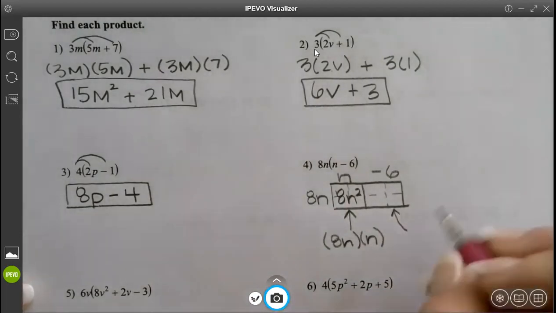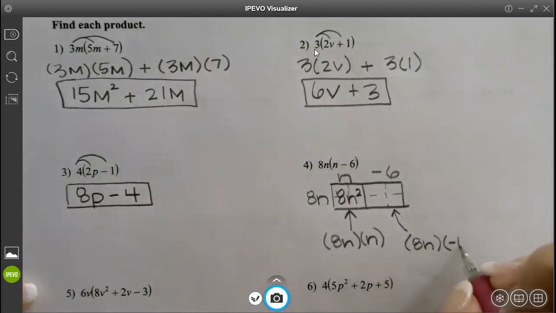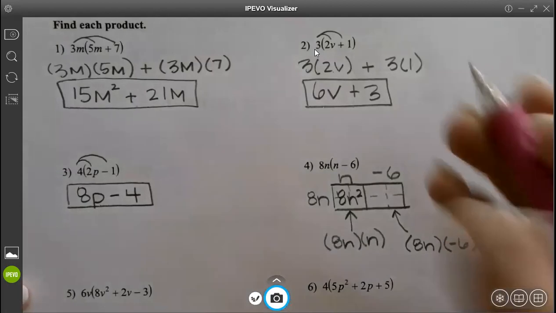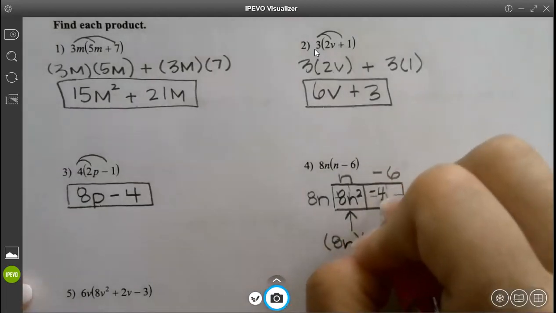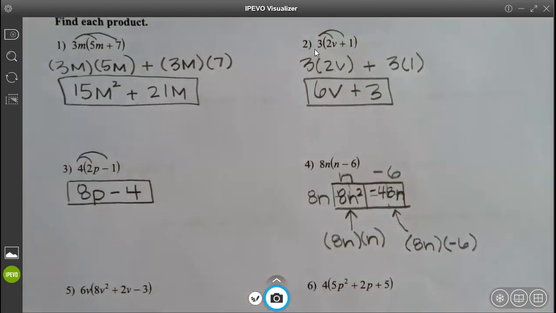What meets in this box is the 8n and the -6. 8 times -6 is -48, and there's 1 n.